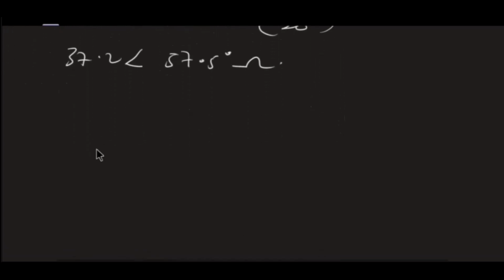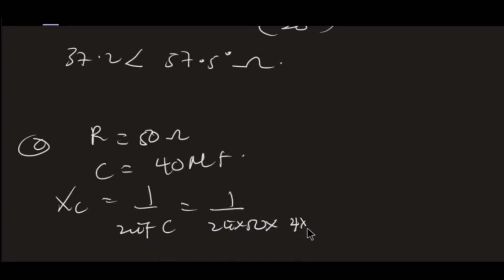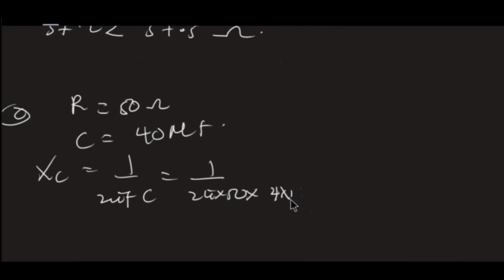Let's take the last part, C. A resistance R of 50 ohm in series with a capacitor, capacitance 40 microfarad. In rectangular form, I have this representing the real part, then I find my XC, which is 1 over 2 pi f C. So 1 over 2 pi times 50 times my C, 40 times 10 to the power of negative 6, since it is micro.